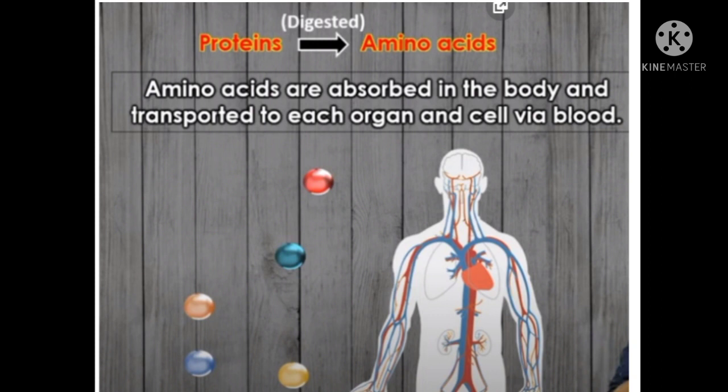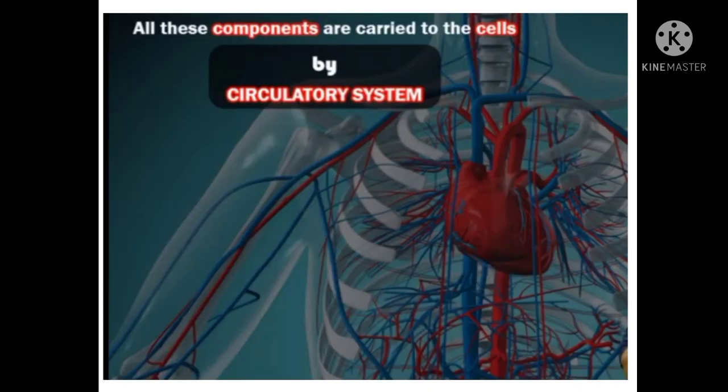Those amino acids are absorbed in the body and transported to each organ and cell via blood. From these amino acids, organs and cells produce various proteins necessary for themselves and the whole body.